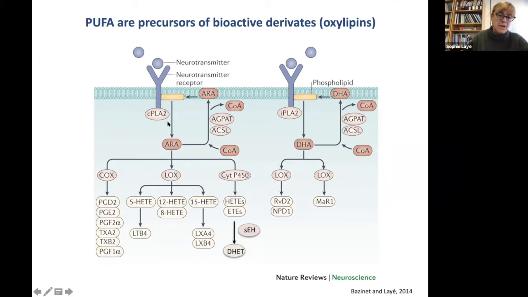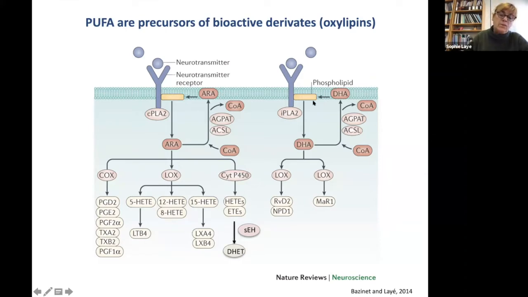So they come from arachidonic acid, but they are anti-inflammatory. The thing is that when they are degraded by another enzyme, the epoxide hydrolase, they become pro-inflammatory again. So there is a kind of balance here involving several enzymes leading to inflammatory oxylipins from arachidonic acid.